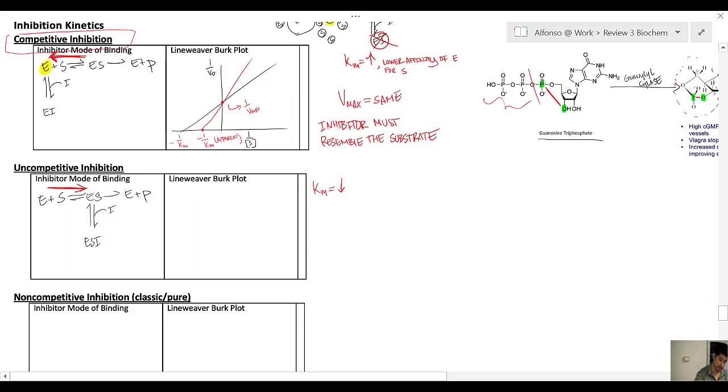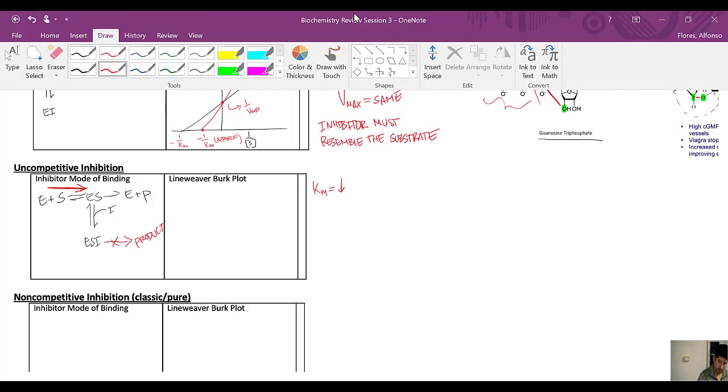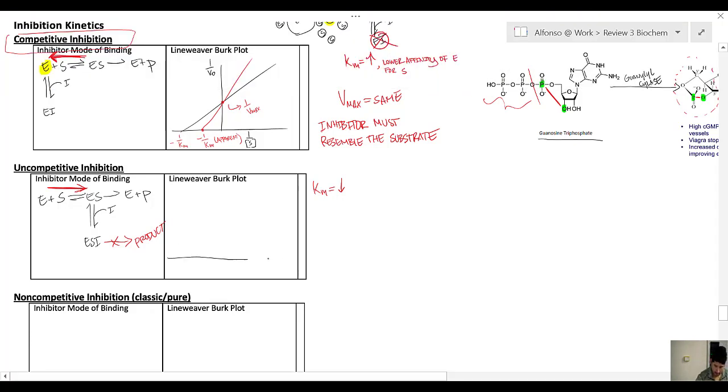All right, now because the inhibitor is binding to the enzyme-substrate complex, what this means is that it's forming the enzyme-substrate inhibitor complex, and this does not allow for the formation of product. So it's like the enzyme has the substrate and it's about to catalyze the reaction, but the inhibitor binds and it blocks it from forming any product whatsoever.